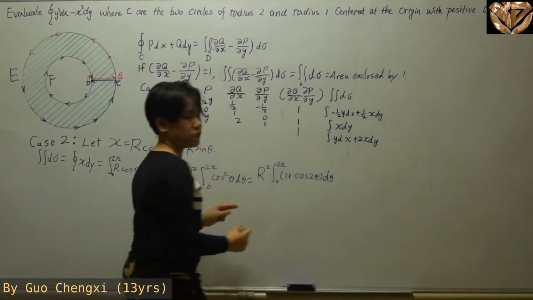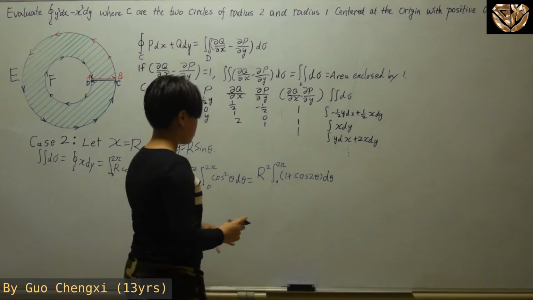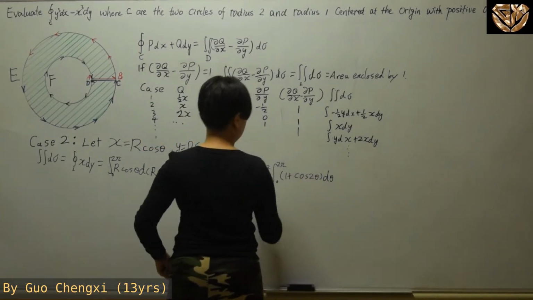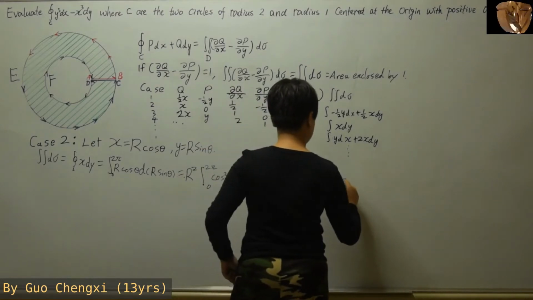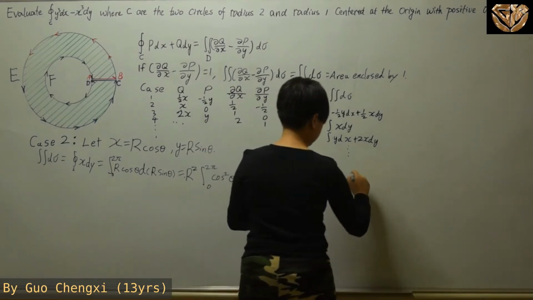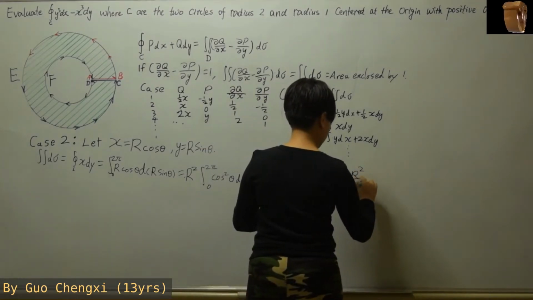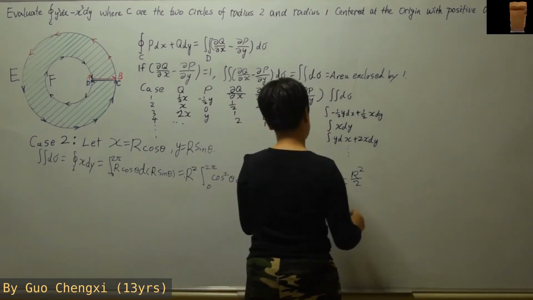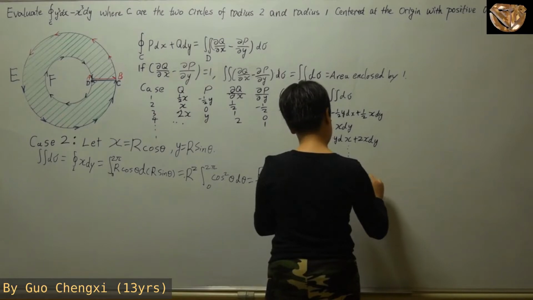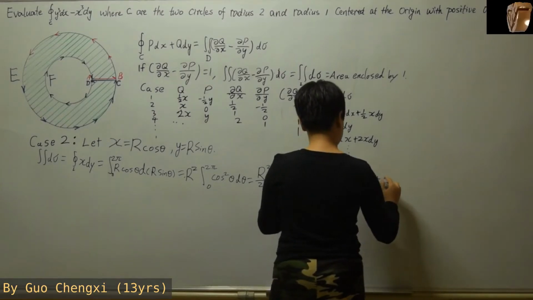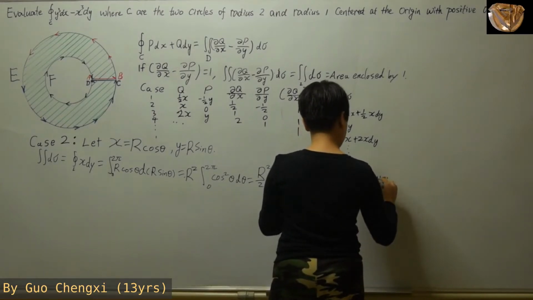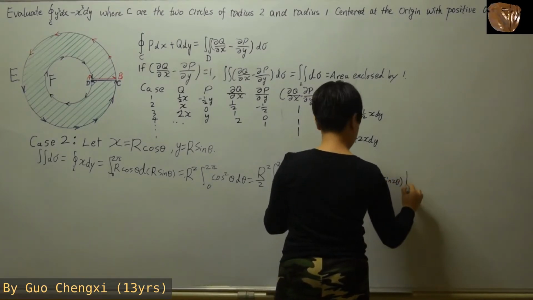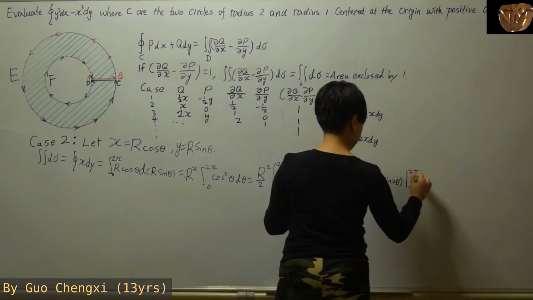And this is what you're going to get. In front, you still have r squared over 2. Behind, we can integrate, where here you have theta plus half sine 2 theta ranging from 0 to 2 pi.